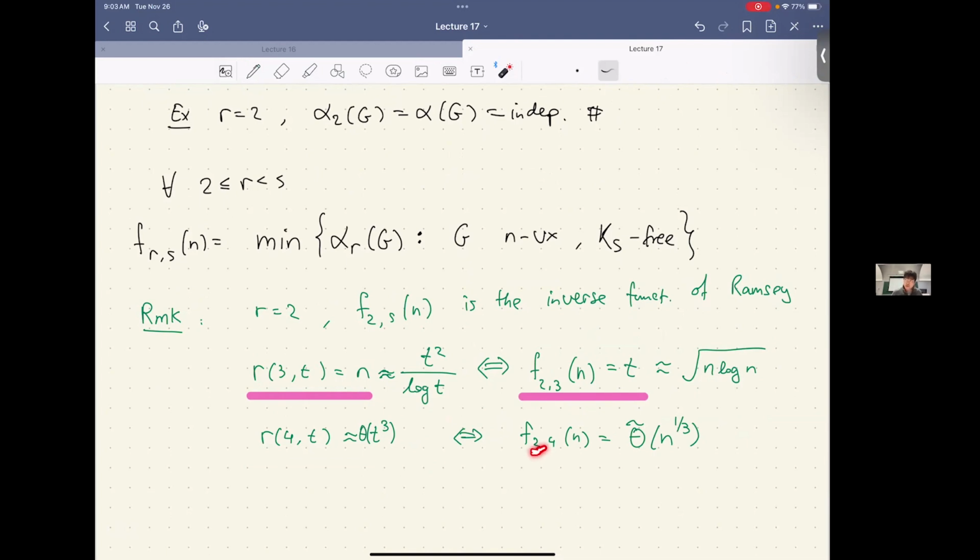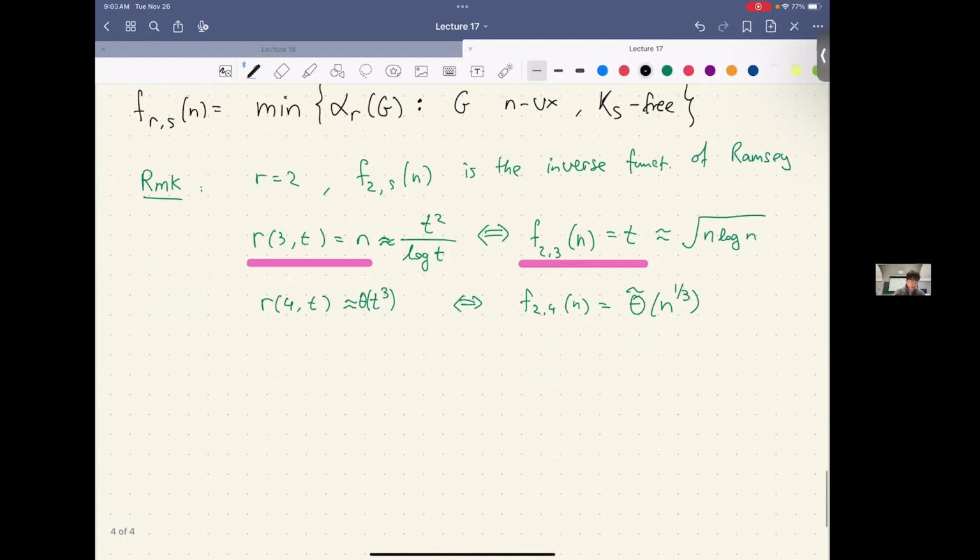Let's look at the first simple case when R is not 2. It's F34. This is the simplest case which is not Ramsey. It's more general than Ramsey, but the simplest case. Now we're going to consider F34 of n. So what is F34 of n?